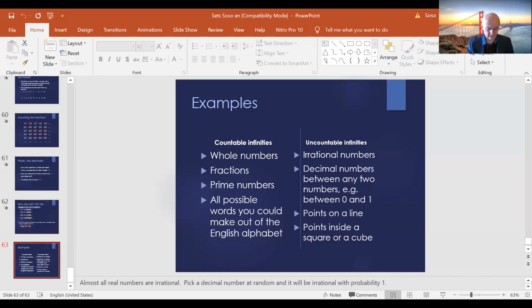On Canvas, module 8. Find module 8. But I will write it down now.